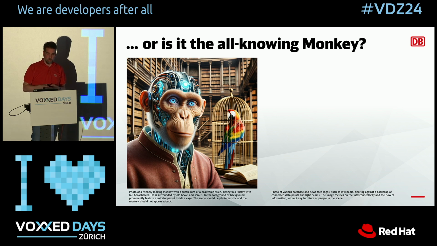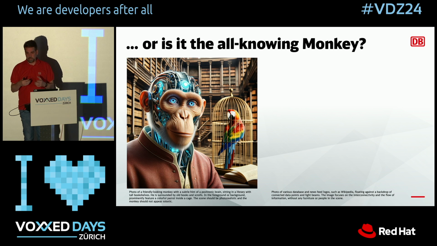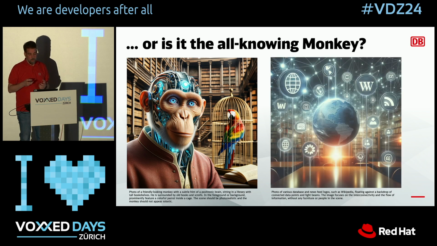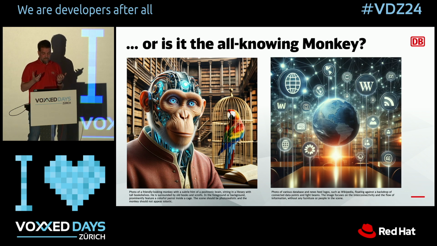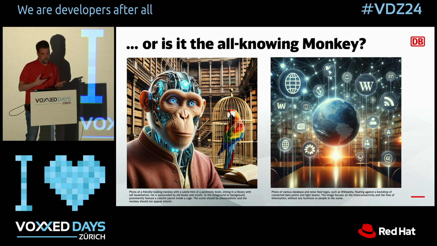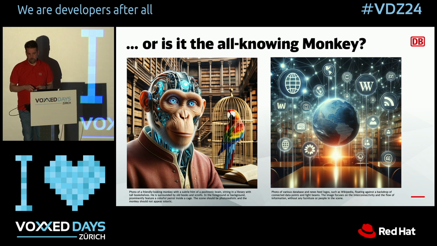You can use a browser plugin, for instance, so that it can search for its own data. You can embed your data, and so ChatGPT knows everything, can retrieve everything, but it's not too good at reasoning, like an all-knowing monkey.